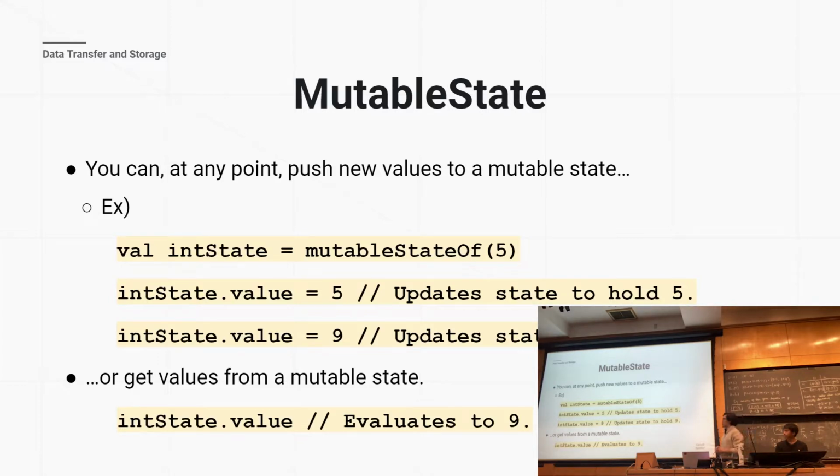And if you want to get the value, all we have to do is do dot value again. So in this case, this dot value is being overloaded with two functions, both the getter and setter, depending on how you utilize it. If you do dot value without setting it equal to anything, it is a getter, and if you set it equal to something, it is a setter.